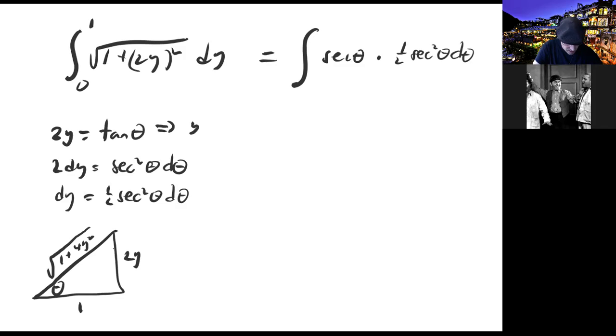So y is 1/2 tangent theta. When y is 0, 1/2 tangent theta is 0, or tangent theta is 0. And therefore, if tangent theta is 0, theta should be 0. Now, what about when y is 1?